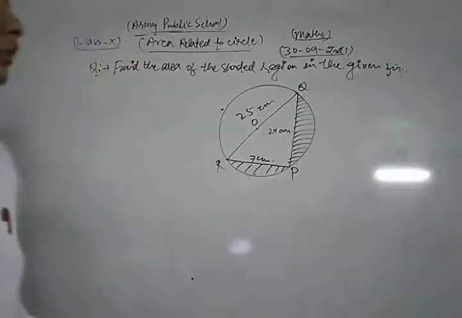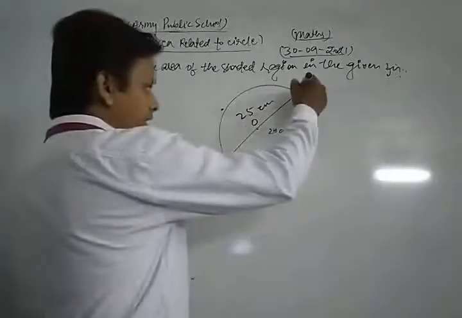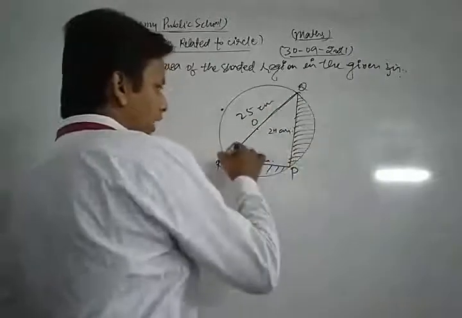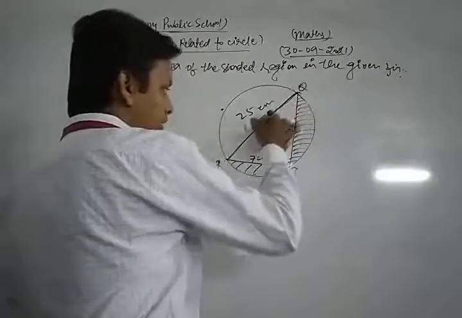So look, for finding the area of the shaded region, QER is a semicircle.